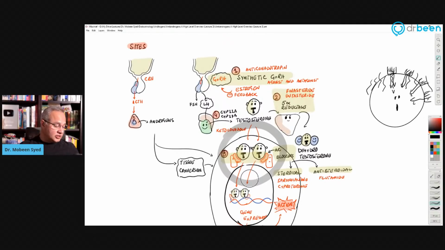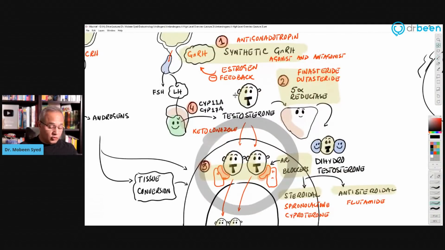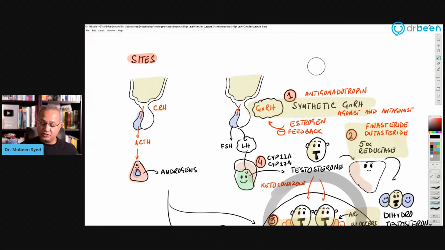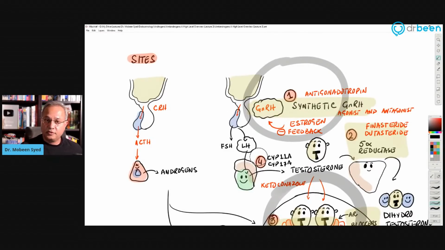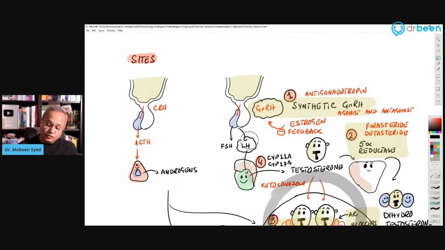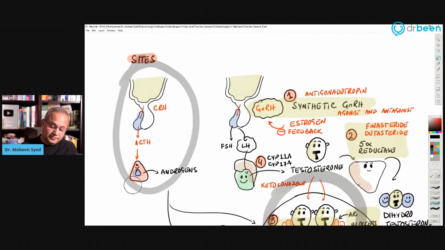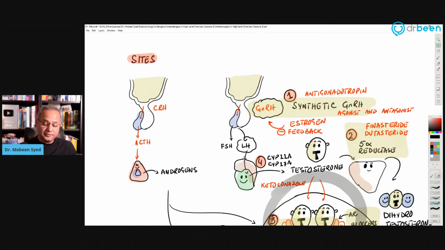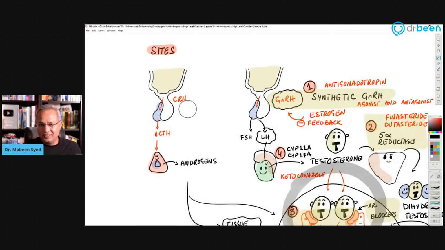The second part to consider is that if you are giving the patient synthetic GnRH, what is the function of that synthetic GnRH? It is going to reduce the luteinizing hormone, which will then reduce the function of the testis to produce testosterone. But look at our friend over here, the adrenal side.